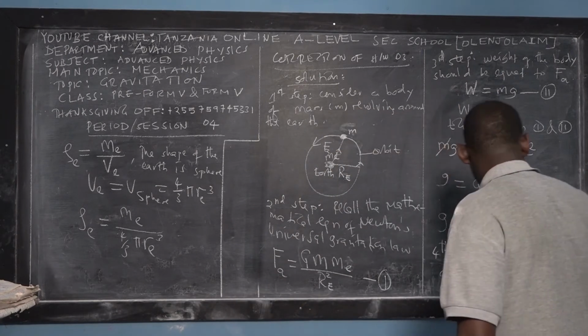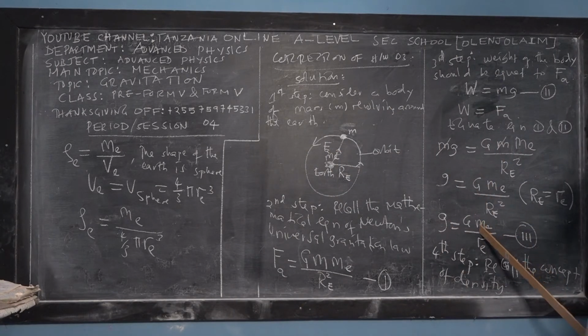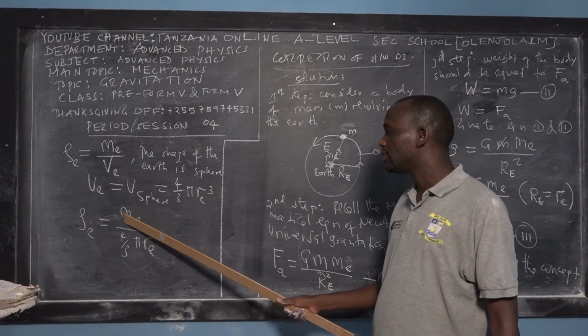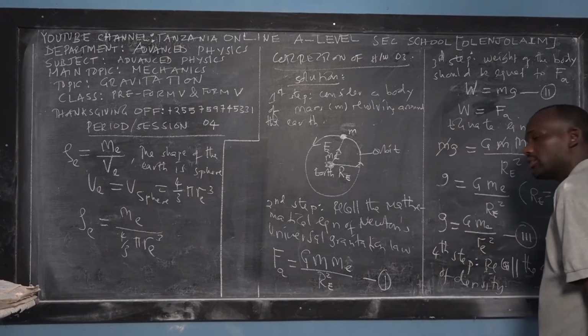What is the relationship? Here we have the mass of the S in the numerator, and here we also have the mass of the S in the numerator. So you can make this the subject and then substitute here.